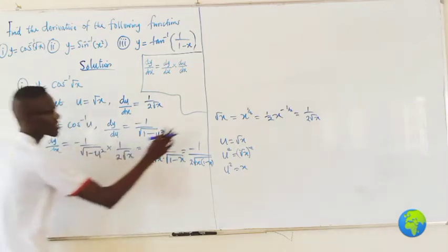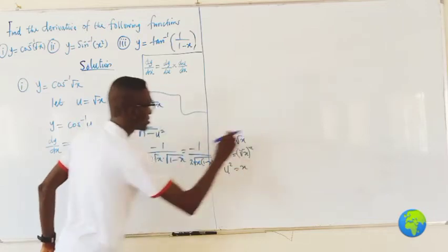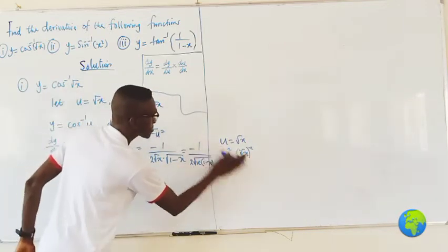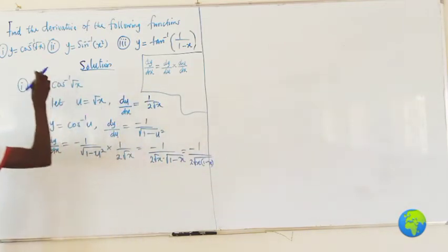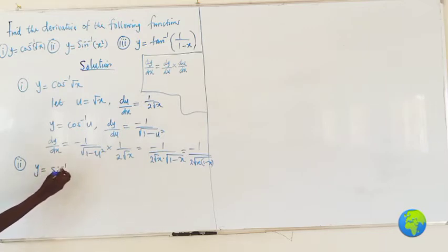So without wasting much time, let's just go straight to the second question. The second question is y equals, this time around, sine inverse of x squared.